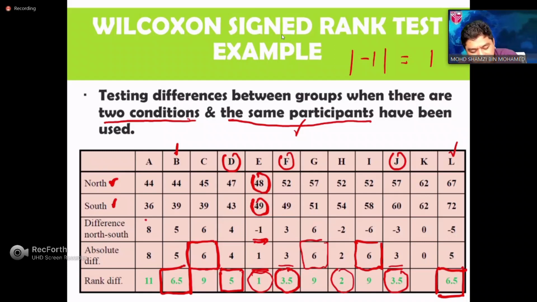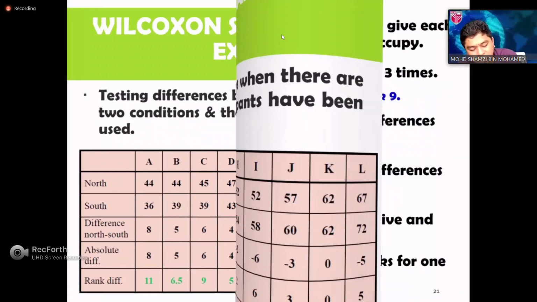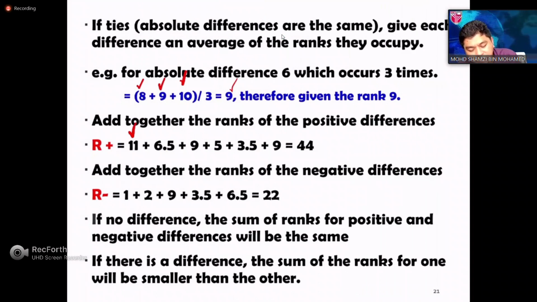You have 11. You have 6.5. The one that discounts any negative. So you look back. You have 11, 6.5, 9, 5, 3.5, 9.